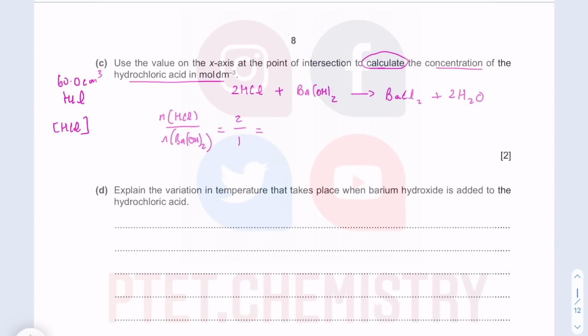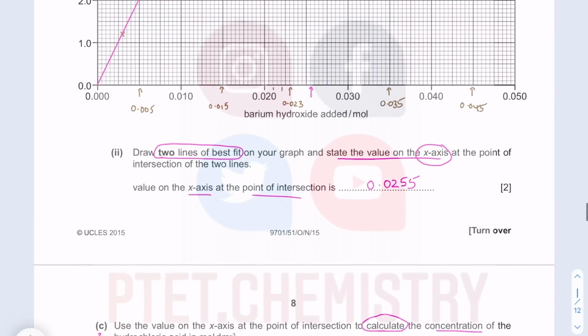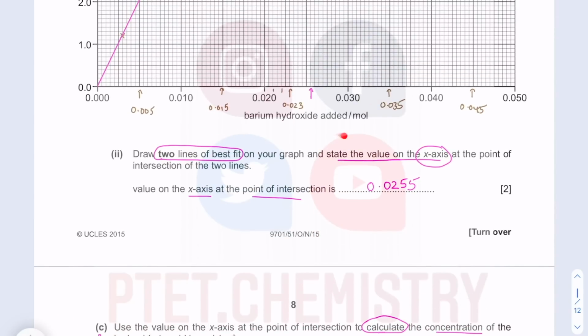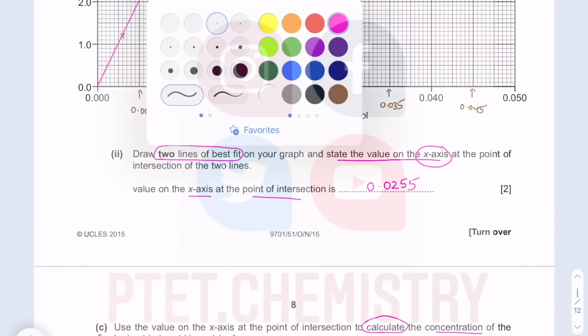So if I set it up, the square bracket refers to the concentration of the HCl. This is in mole per dm cube times the volume, change it to dm cube, divide by 1000. And then at the bottom, the mole of the barium hydroxide used was the x-axis, the mole of barium hydroxide added from the point of intersection, 0.0255.